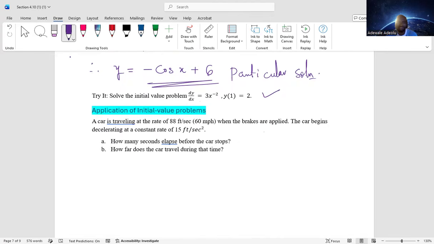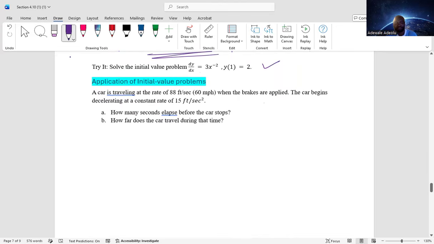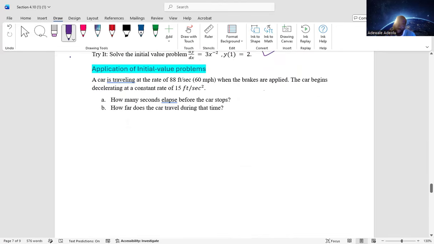Let us also solve an application of initial value problems, which is very applicable to our real world. We drive, like we learned in the past, the calculus of driving. We have dealt with it several times in this class. Say a car is traveling at the rate of 88 feet per second, which is 60 miles per hour.